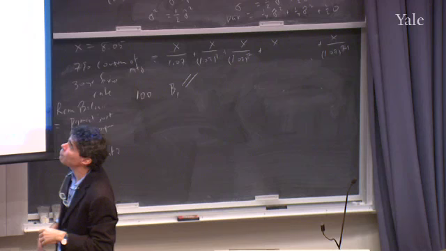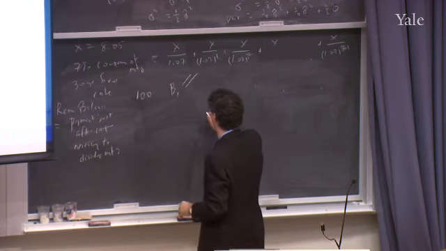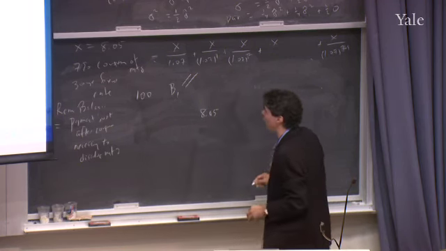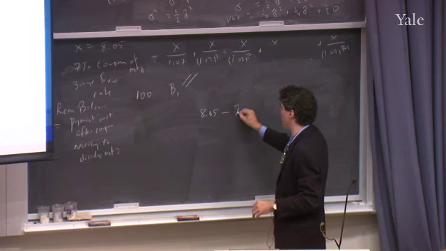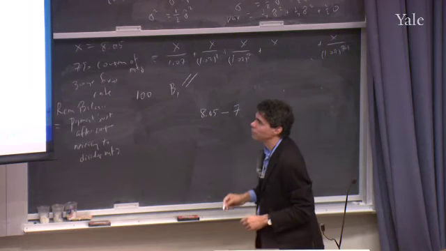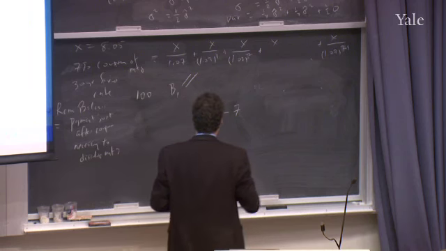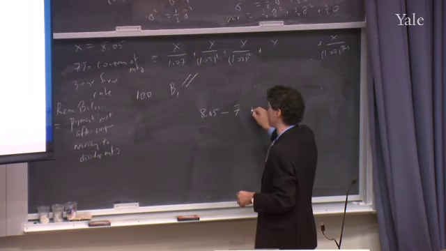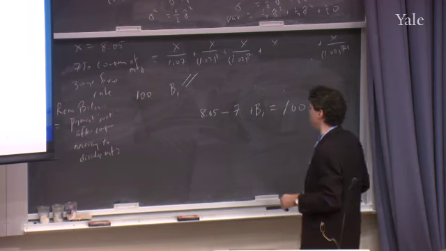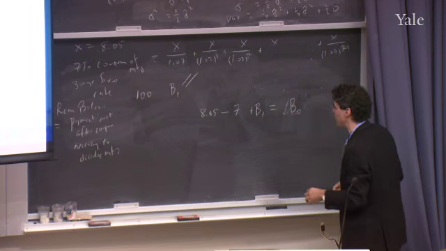Now that 98.94 is an interesting number. You notice that 8.05 minus 7 plus B1 has to equal 100, which is B0. So why is that?